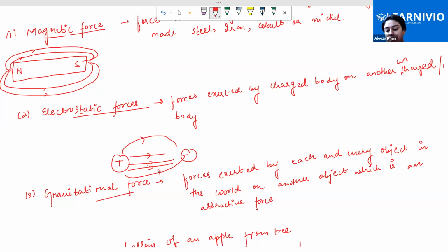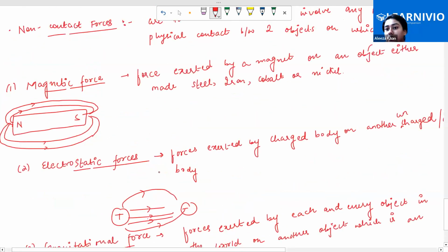Please let me know once you finish writing. Ma'am, I can't see the magnetic force. You can't see the magnetic force?